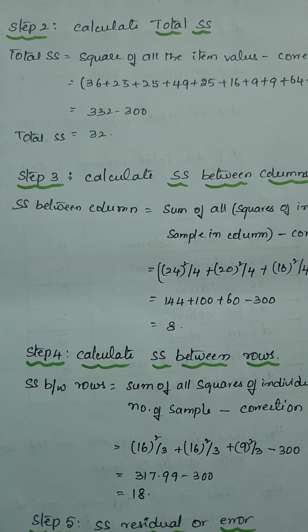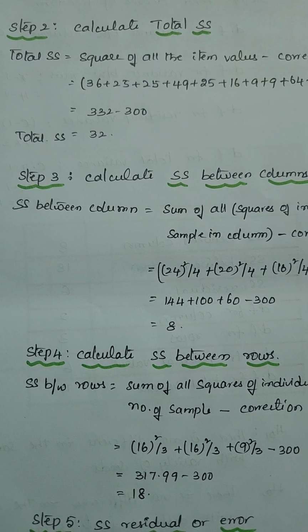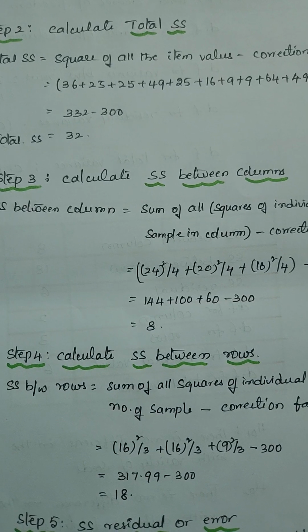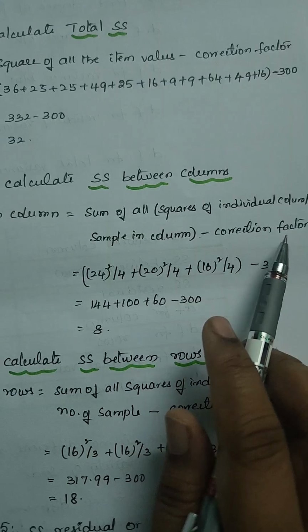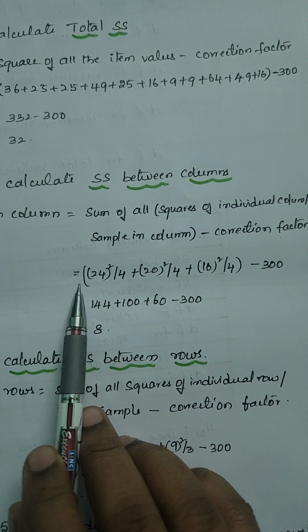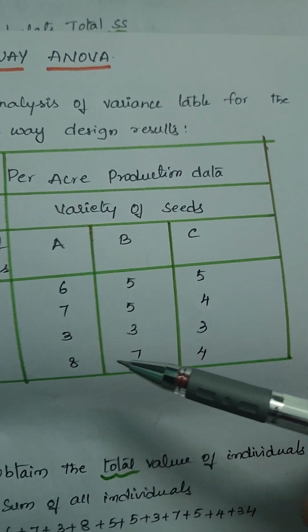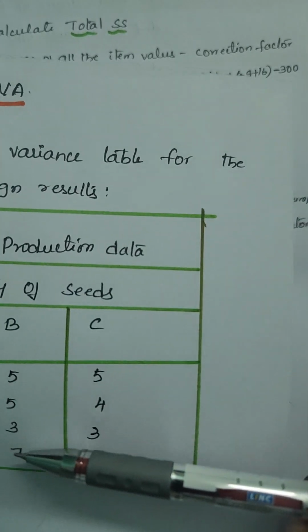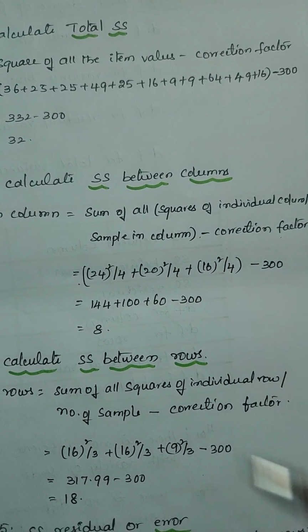Now we will find SS between columns and SS between rows. SS between columns is the sum of the squares of individual column totals divided by sample size, minus the correction factor. The sum of the first column is 24, the second column is 20, and the third column is 16.